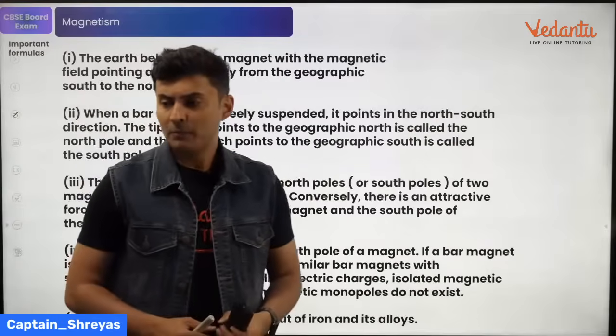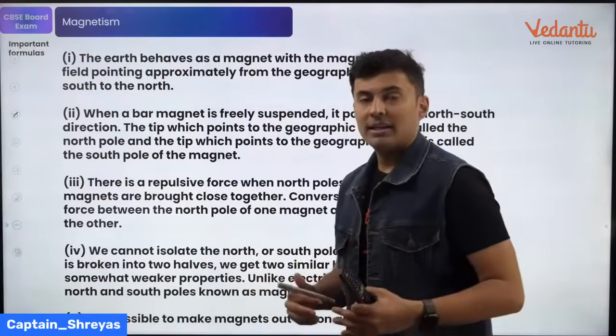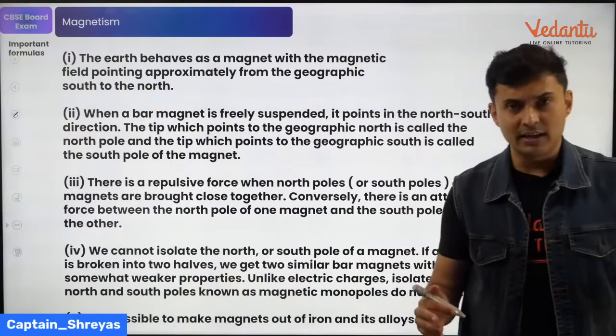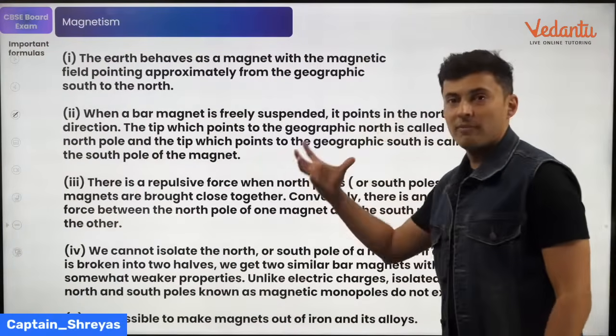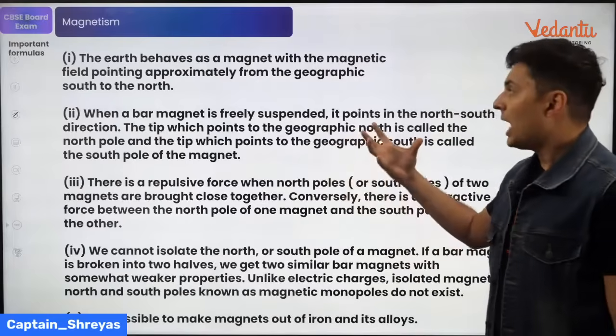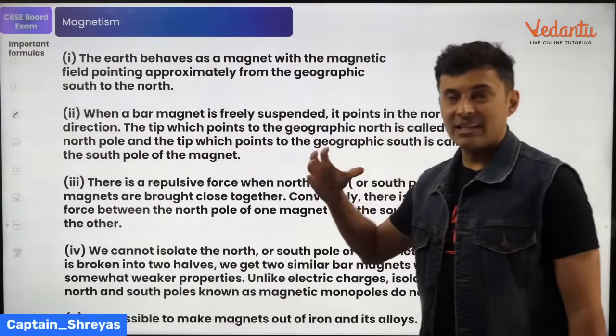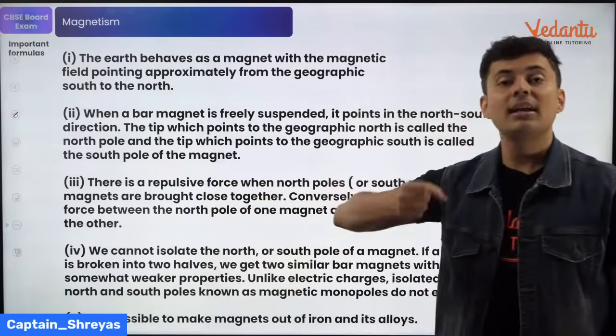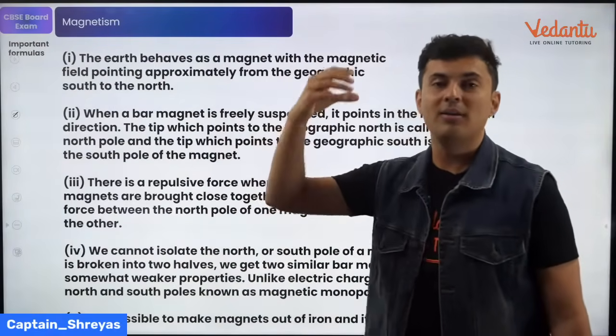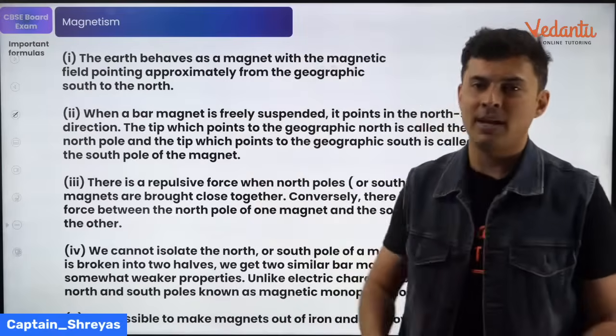Next important points regarding magnetism, and that is important points regarding Earth's magnetism and bar magnets in general. Remember, Earth is also going to behave like a magnet, right? You will see the Earth's magnetic north pole and south pole contain the magnetic poles of the assumed bar magnet.